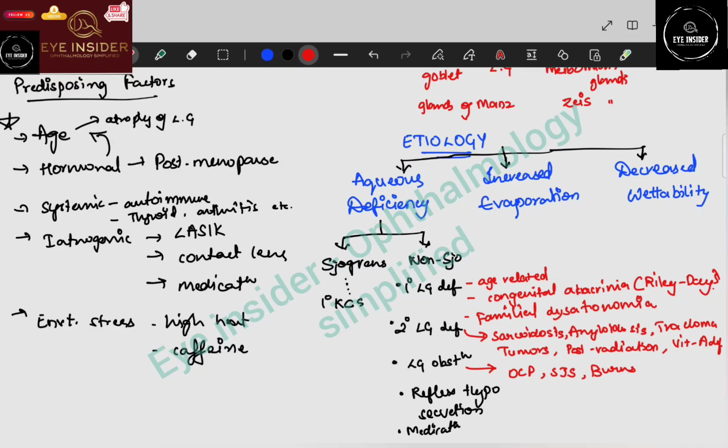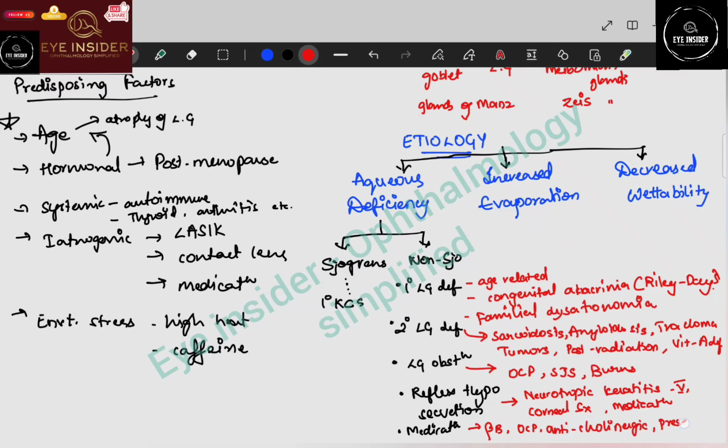Reflex hyposecretion is seen in cases of neurotrophic keratitis wherein the fifth nerve is involved, and corneal surgeries, and also some medications. These medications include beta blockers, oral contraceptives, anticholinergic drugs, and the preservatives in eye drops.